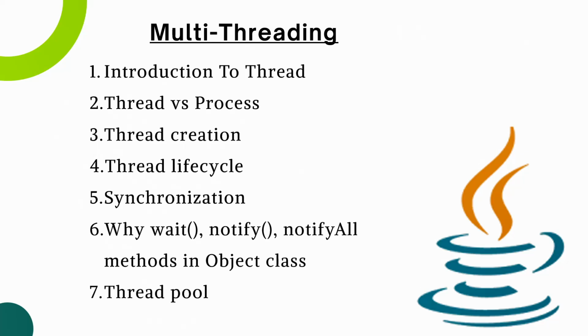What is the thread lifecycle? What is synchronization? In synchronization, you will learn what is object lock and what is class lock. And next, why wait and notifyAll methods are present in the Object class but not the Thread class. And next, thread pool. Here in thread pool, you can see the executor framework. By using this executor framework, we can reuse the threads.